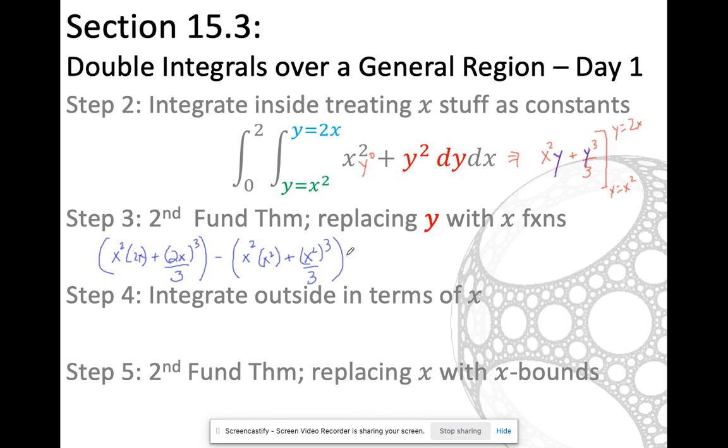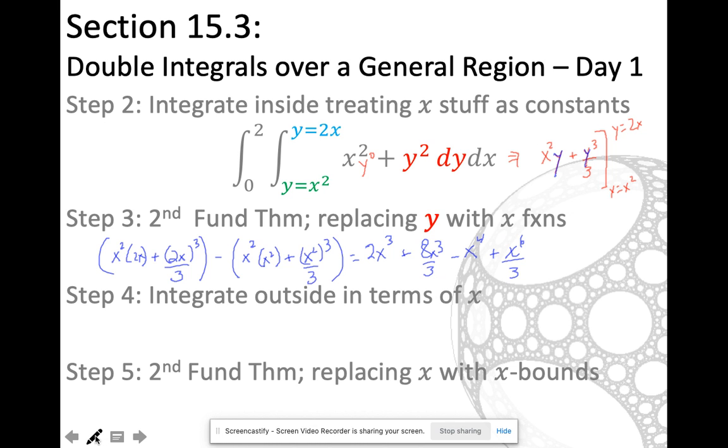I wish I could tell you this is nice, but it's really not. So what do I have here? 2x cubed, right? Plus 8x cubed over 3 minus x to the 4th plus x to the 6th over 3.